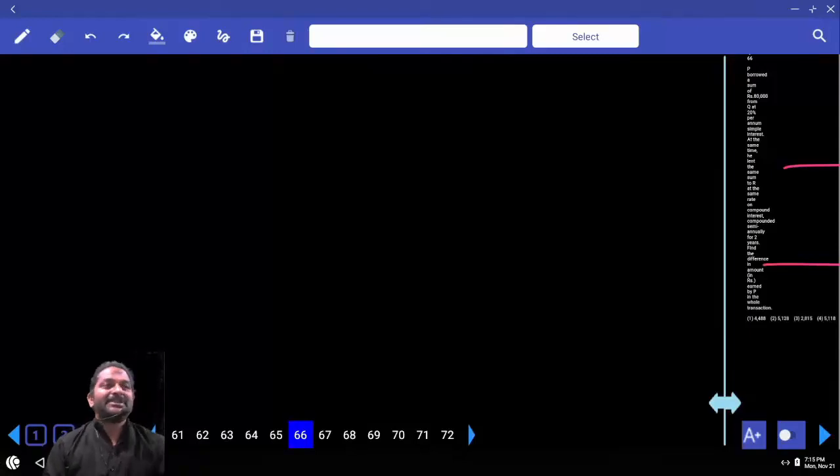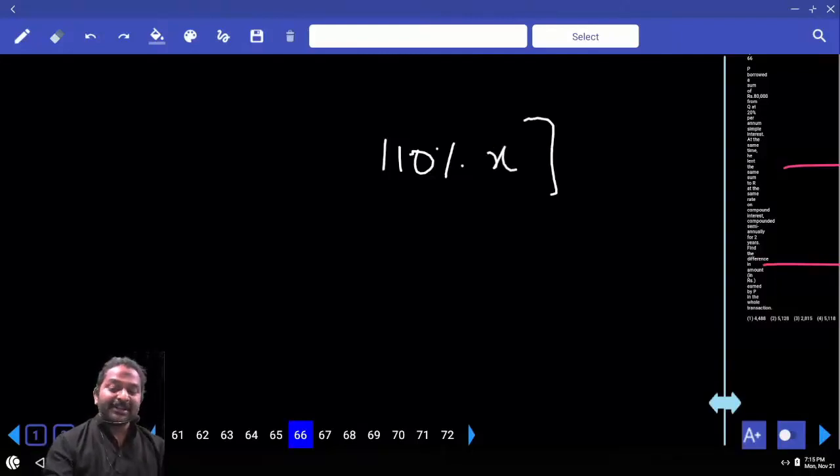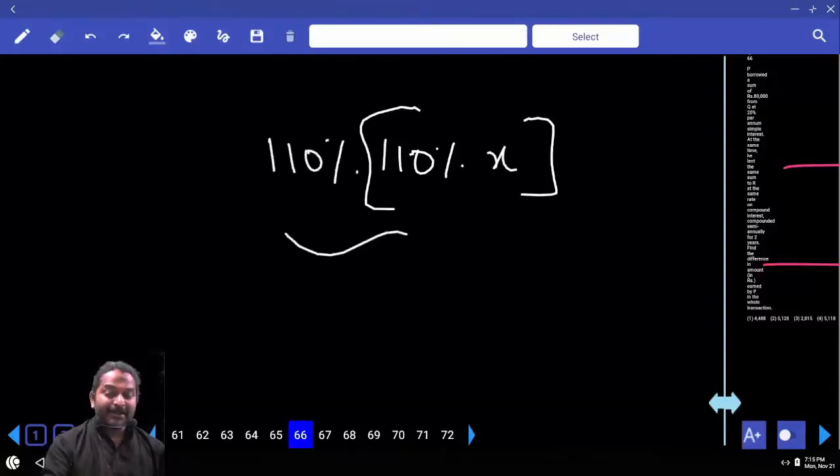If I take 100% from you and need to pay 10% interest, how much percent should I return? 110%, correct? After 1 year, 110% of x. This is the amount I should return after 1 year. After the second year, 110% of this number.